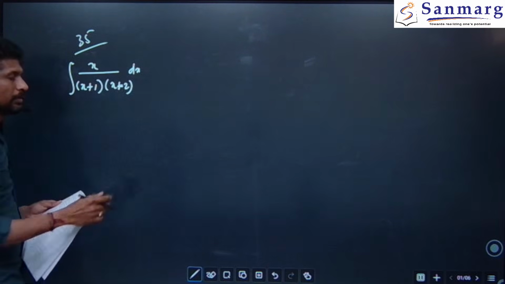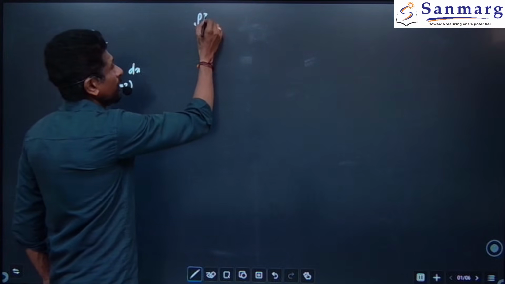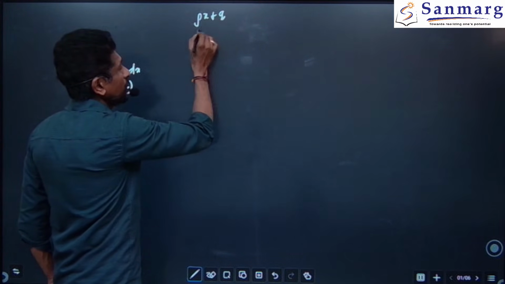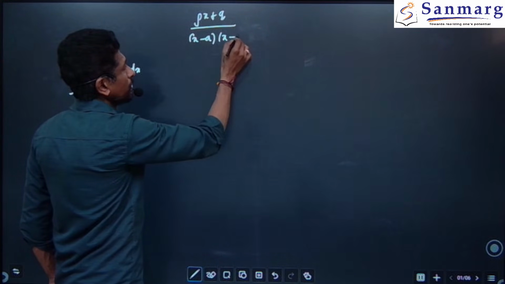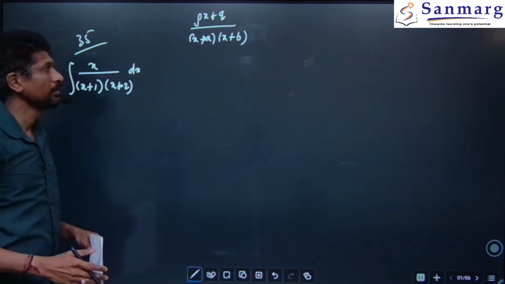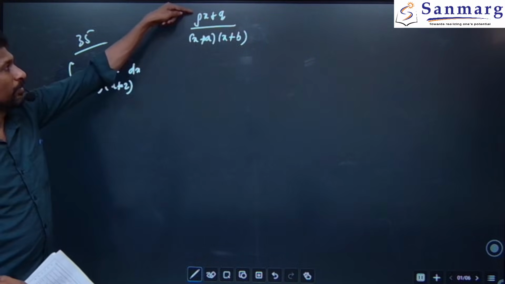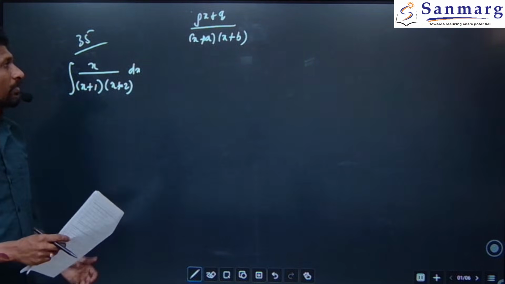They are asking. But for this one, you have to know that when the function is like this, it may be plus a or minus a, a linear function in the denominator side, it is a proper fraction now.